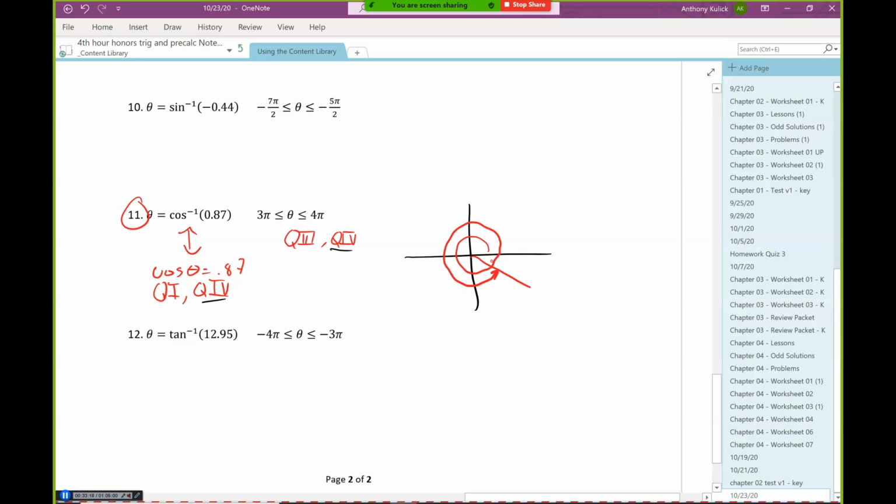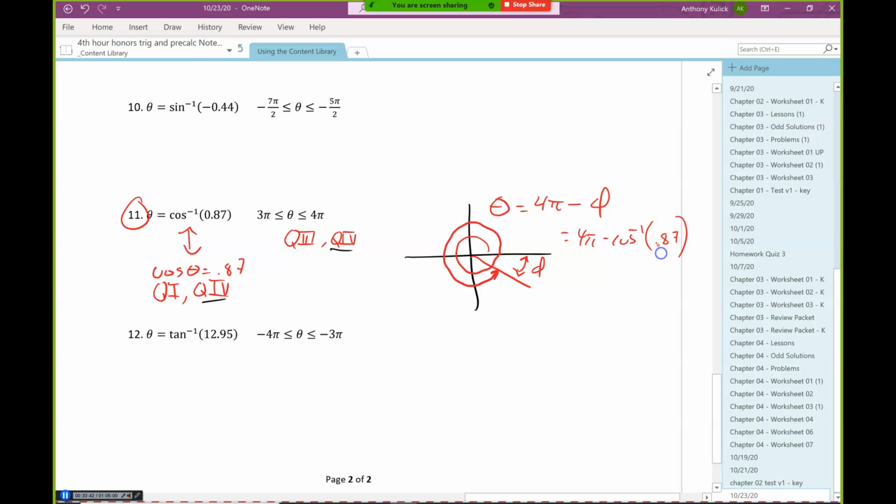And in our case, phi is just going to be cosine inverse of 0.87. Since 0.87 is already positive, there's no need to take an absolute value of it. So just go to my calculator. 4 pi minus cosine inverse 0.87.